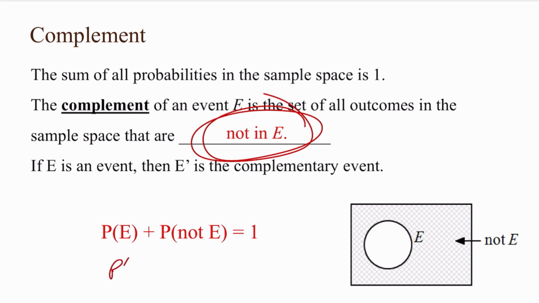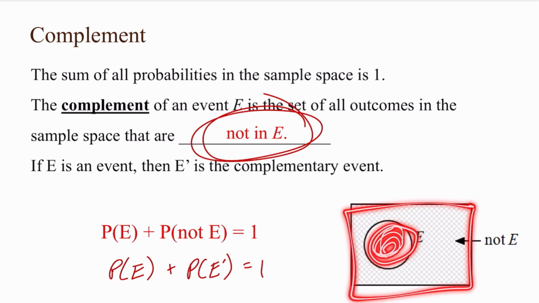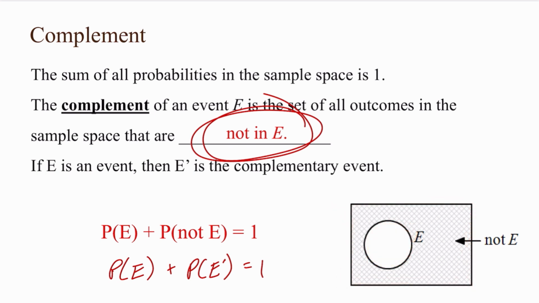You can also write that as the probability of E plus the probability of E prime, or not E, is equal to 1. In a Venn diagram, you're looking at the circle of the event inside of what would be your sample space. So the event happening is E, and the event not happening is everything that's outside of the circle.